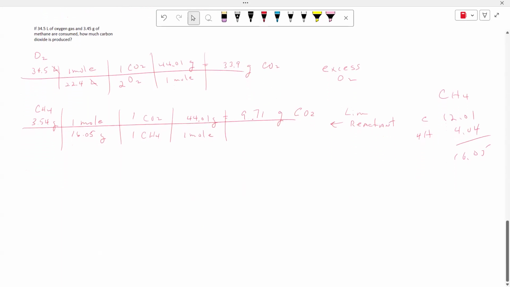So this number is going to be slightly different. Still going to be, in fact, sig fig wise, I bet you won't make any difference at all. After you do 3 sig figs, it's the same number.